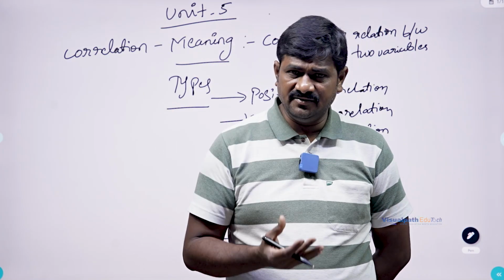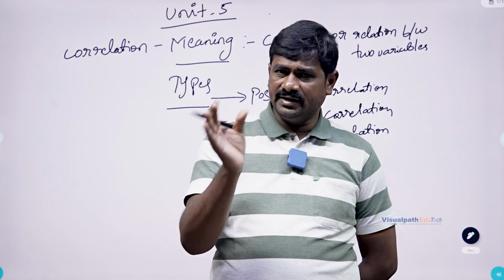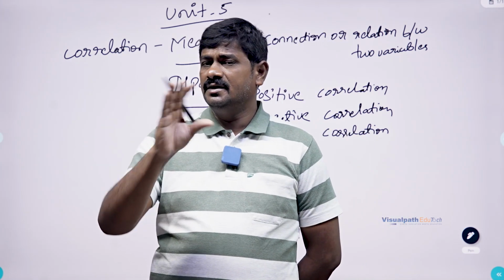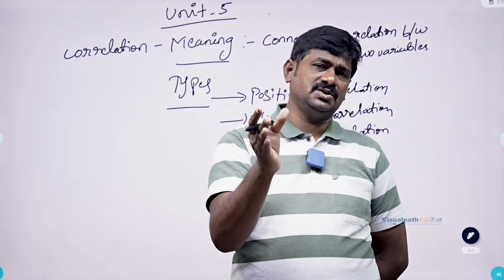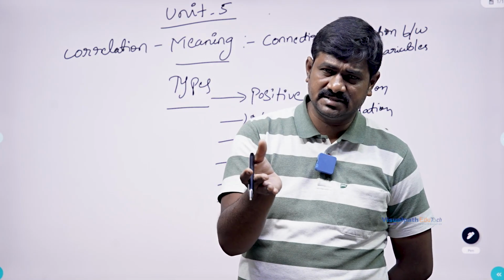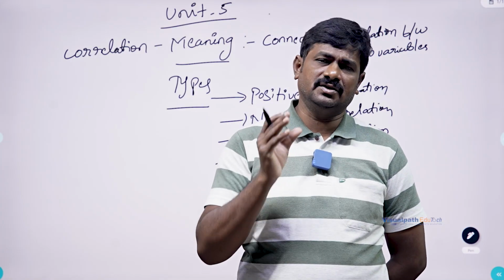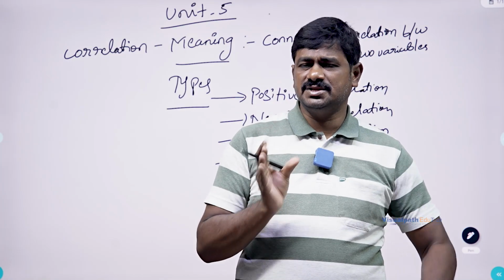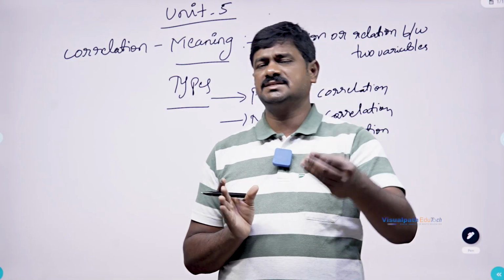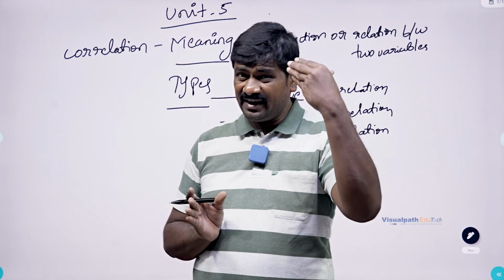Then skewness of the distribution, that is how the distribution curve will be. For that we used Karl Pearson's, Bowley's, and Kelly's skewness, and afterwards we discussed kurtosis.